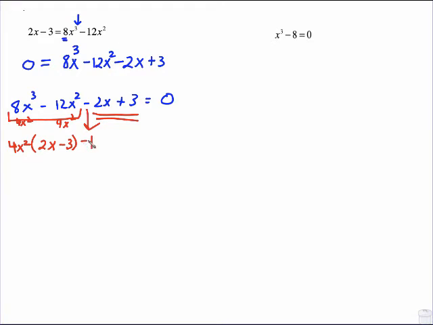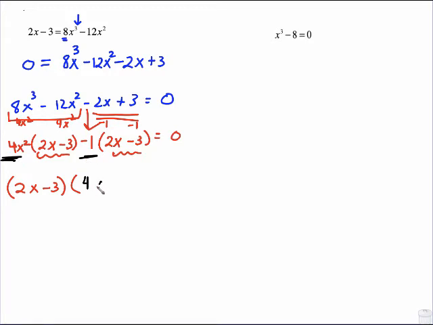Actually, the common factor is negative 1. So if I divide each of those by negative 1, this is going to turn into 2x minus 3. Remember, to be able to complete the problem with grouping, what's in the parentheses must be the same thing. So I can bring the 2x minus 3 out front, and here I will have the 4x squared minus 1.